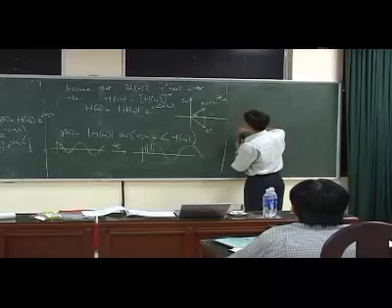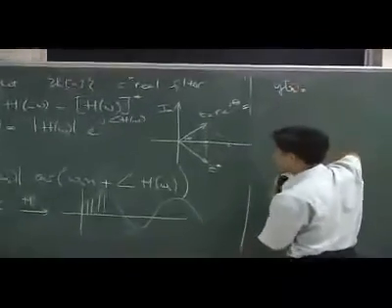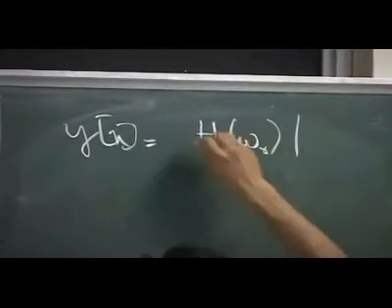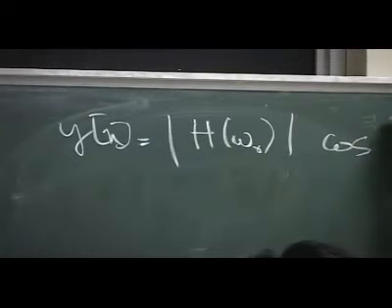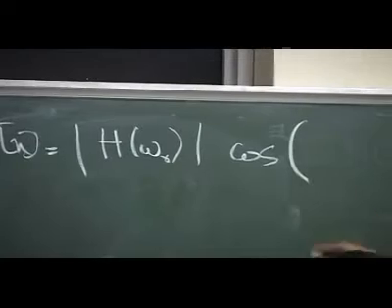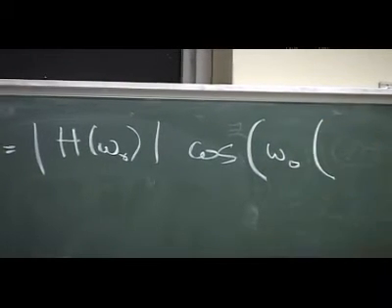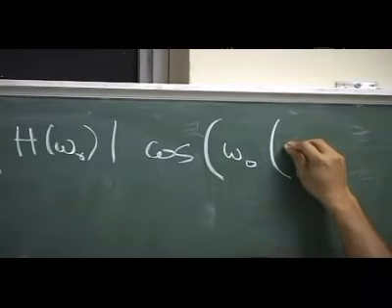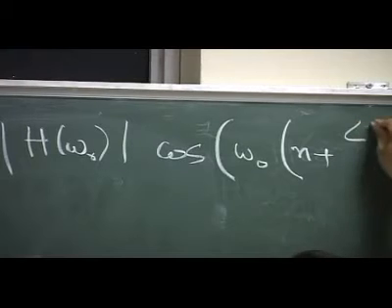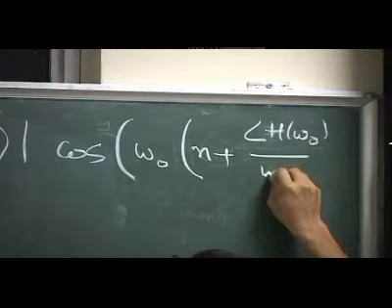When you want to write it, maybe I have to write y of n is equal to the magnitude of h of omega naught times a cos function: cos of omega naught, and inside here I have n plus the phase of h of omega naught over omega naught.